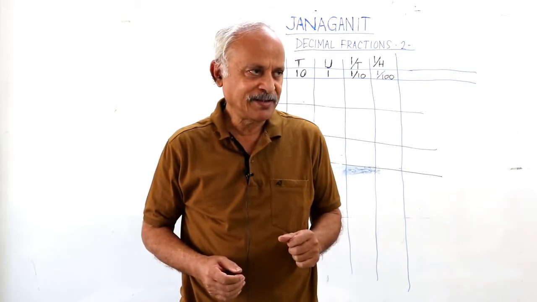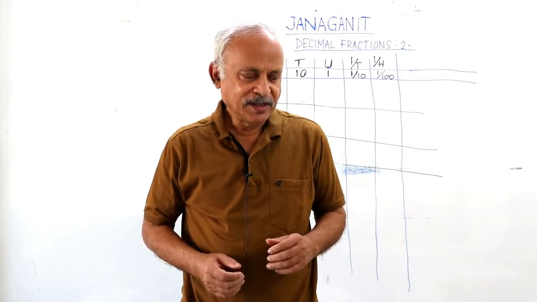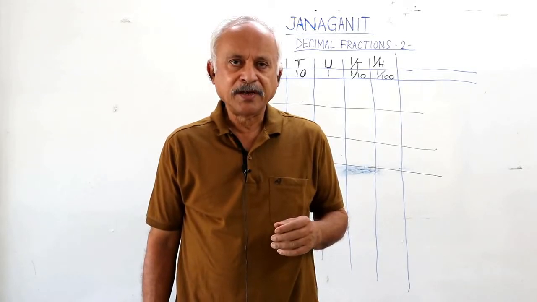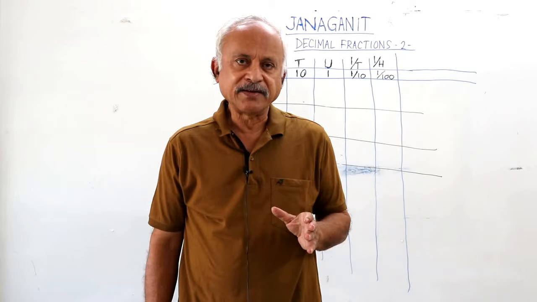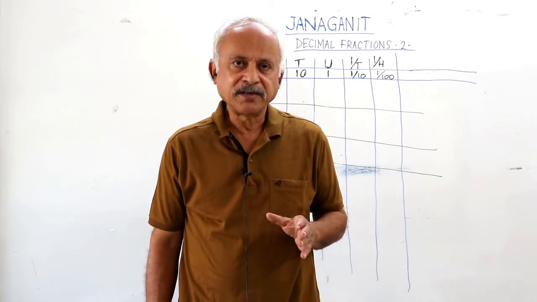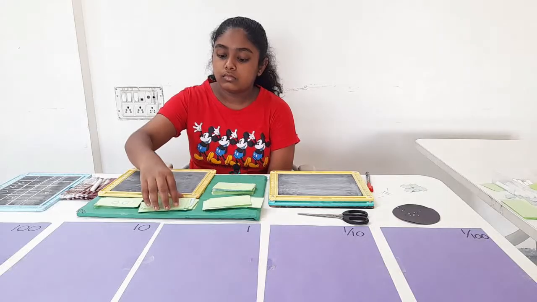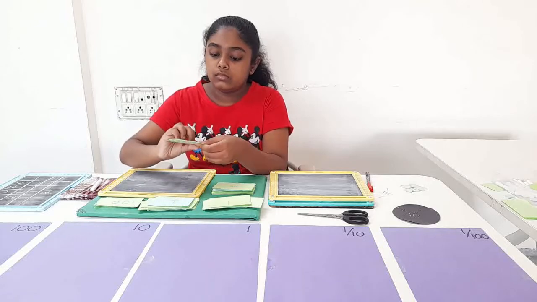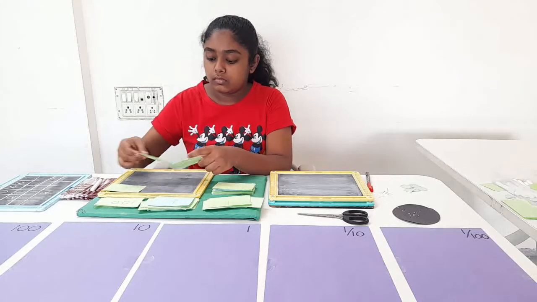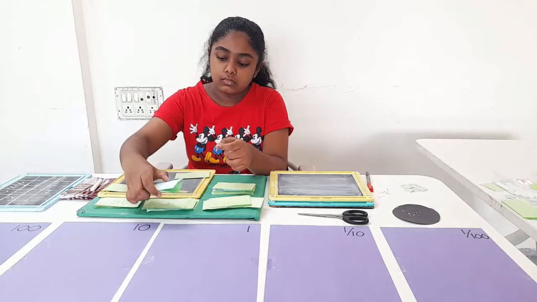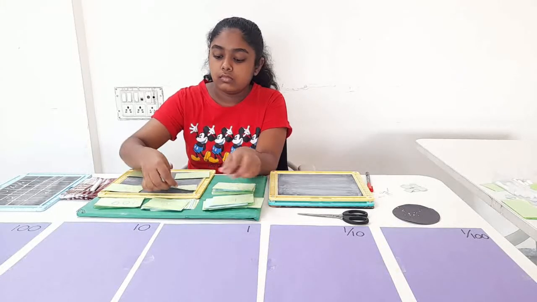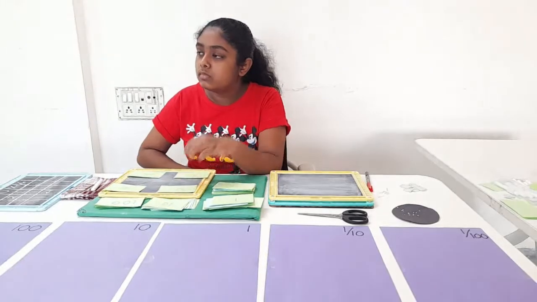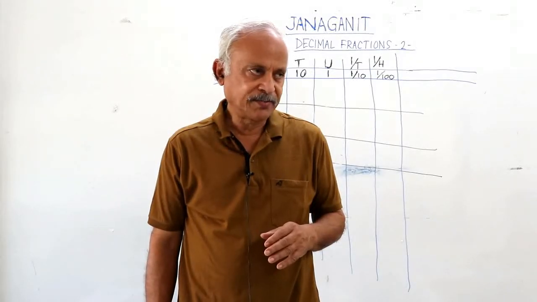Are you ready, Gyan Jyoti? Take 40 rupees and divide it equally among 4 persons. How much did each get?